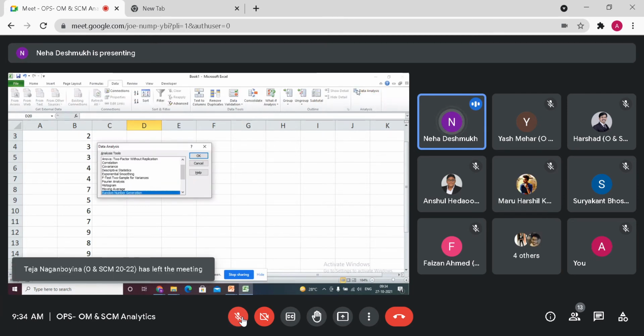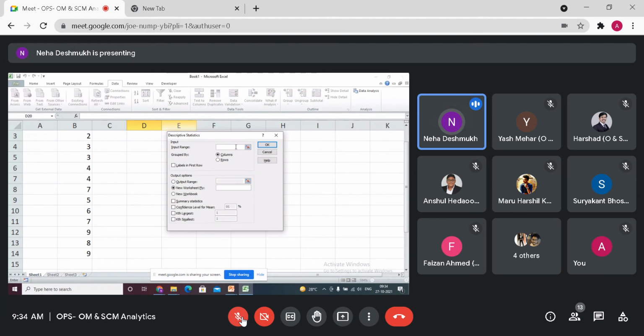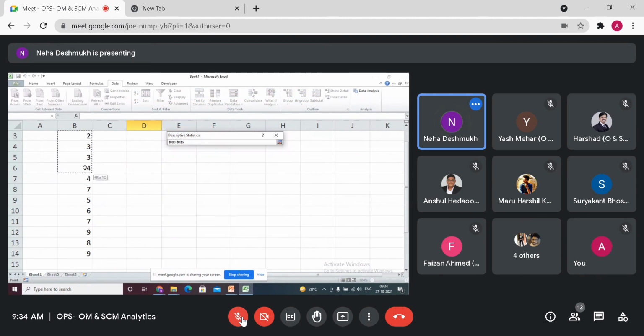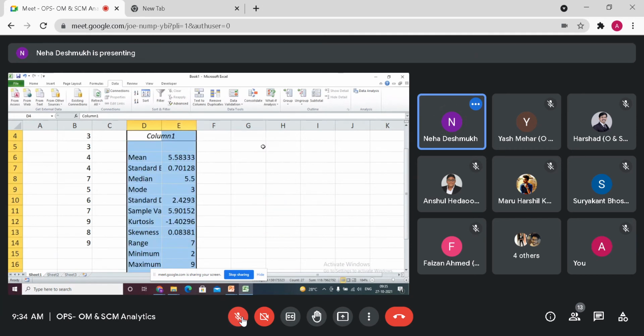One tool is there, descriptive statistics. Then input range, select this input range. Then output range: click on a cell where you want the output. Summary statistics and okay.